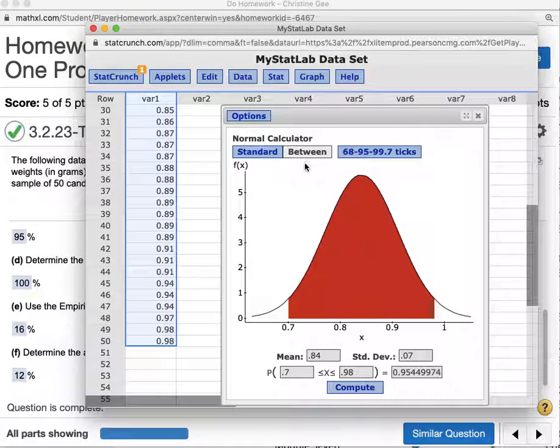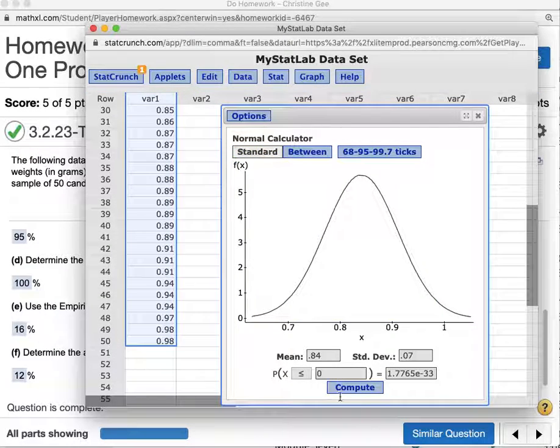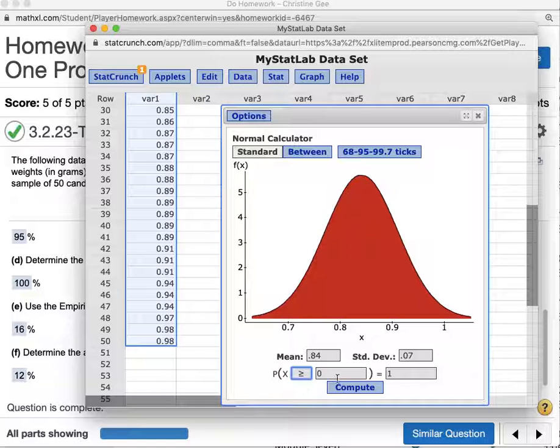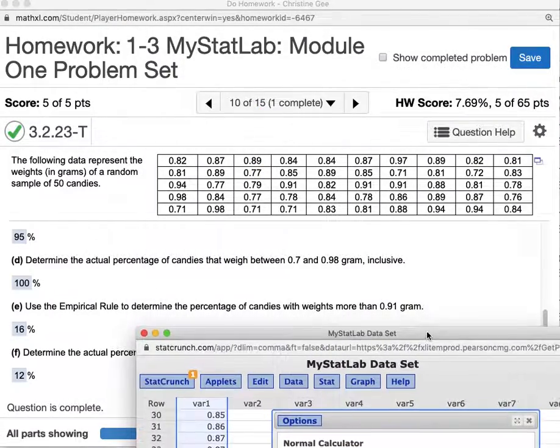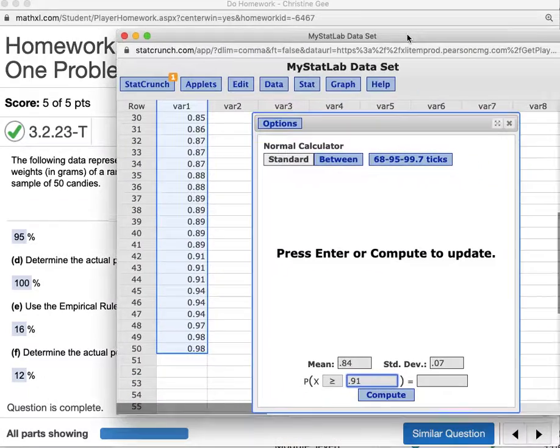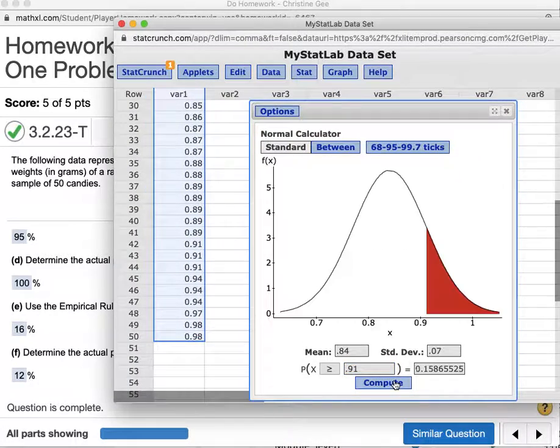Instead of between, we're just doing it one direction, so greater than 0.91 grams, and then we calculate that out. If we round to the nearest whole number, as a percent, it would be 0.16, so 16%. So we have 16% right there.